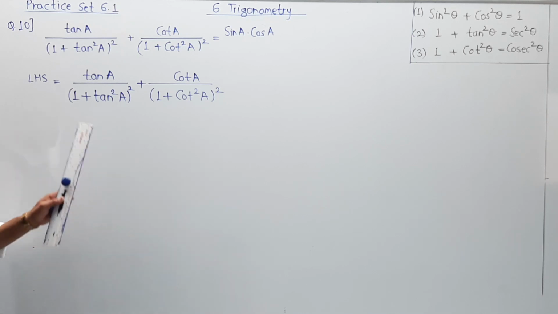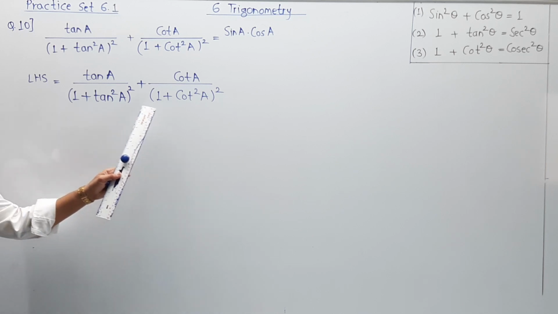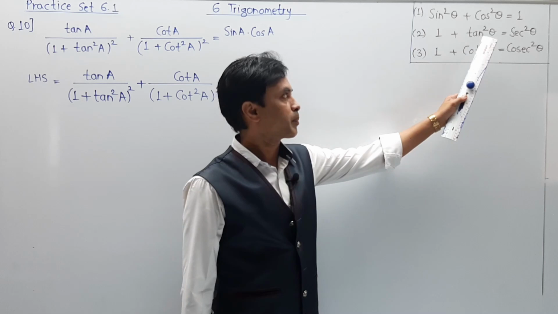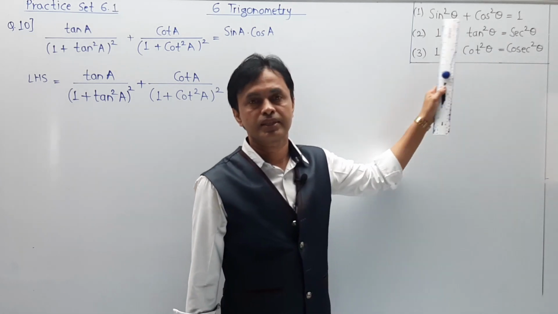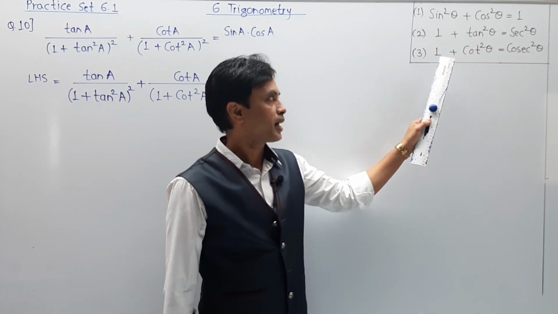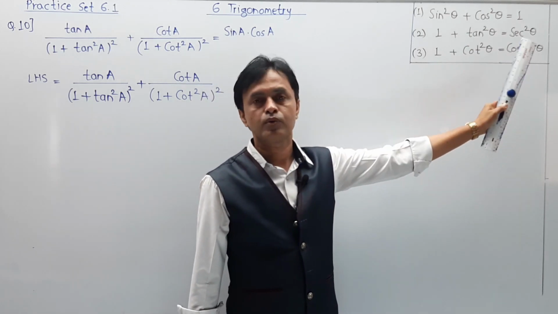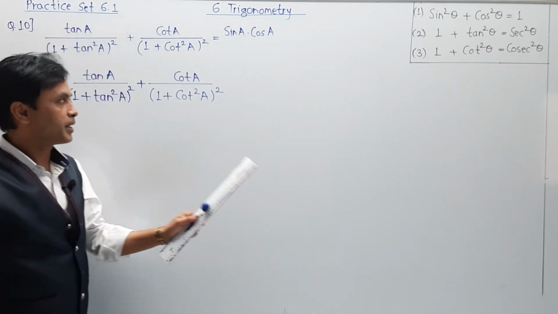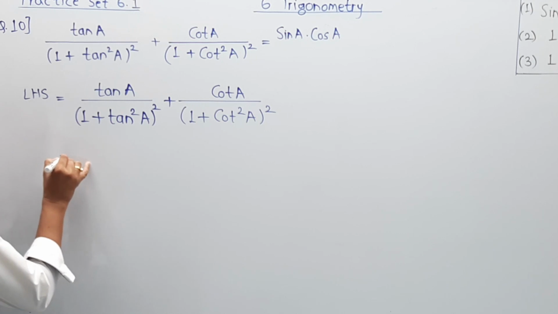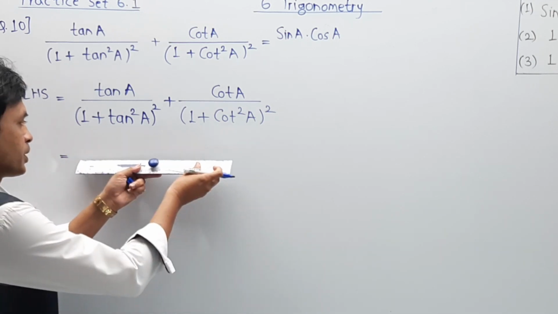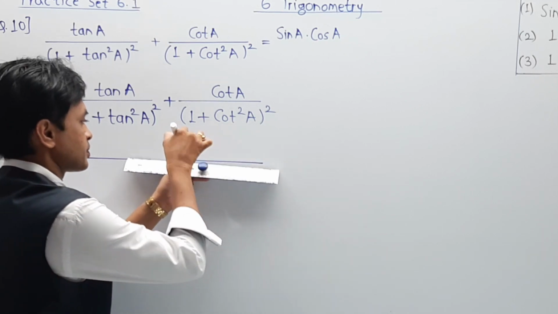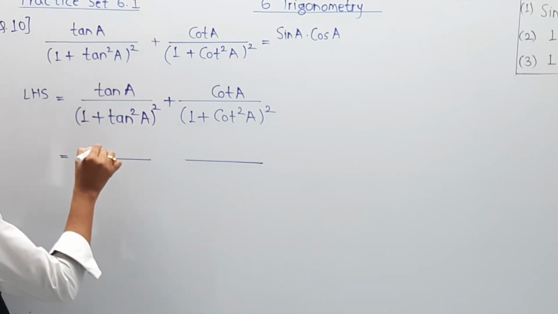You know two fundamental properties for 1 plus tan square A and 1 plus cot square A. Here I have written the fundamental identities: 1 plus tan square theta is sec square theta, and 1 plus cot square theta is cosec square theta. Making implementation of these identities here, the first step itself gets modified.